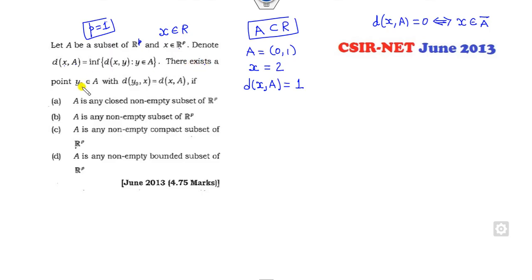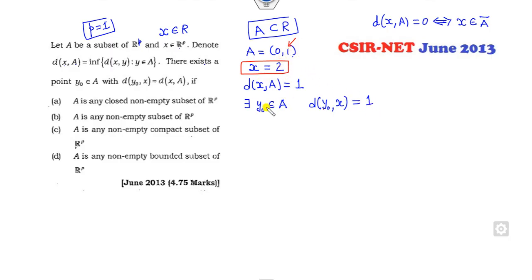Now then there exists a y naught in A such that the distance of y naught and x will be my 1. Can you find any y naught in this case, because your x is here, so that the distance becomes 1?